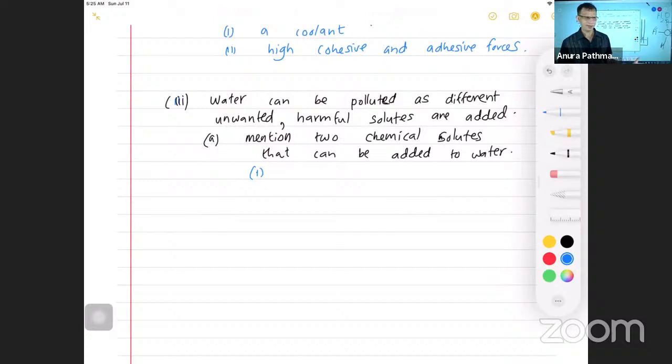So these are open-ended questions. You don't have exact answers there, but you can guess. Agricultural waste, what? Try two chemical solutes that can be added.